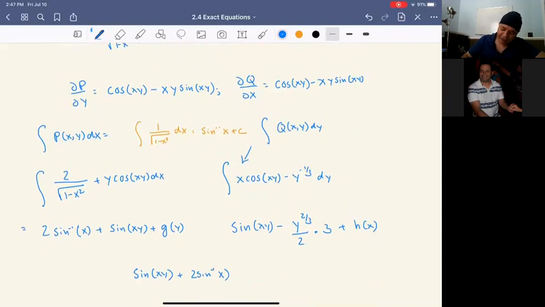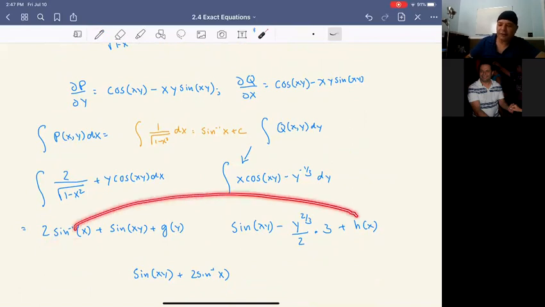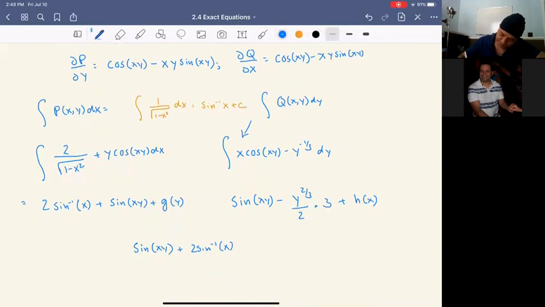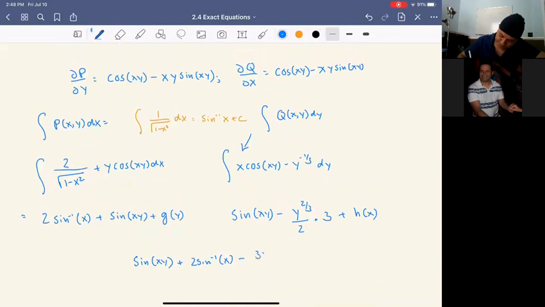This sine inverse of x is considered as part of this h of x. Minus 3/2 y to the 2/3. And that equals some constant.